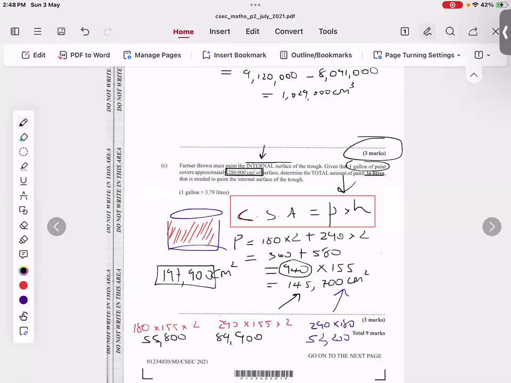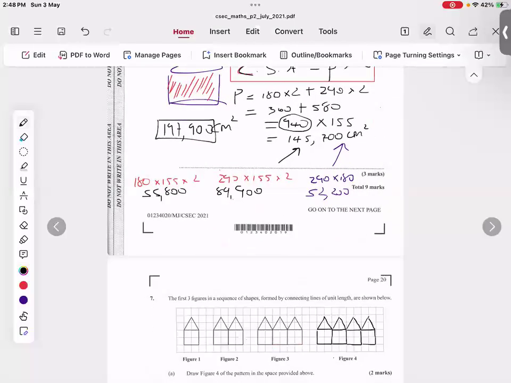So therefore, yes, Antonia, we would proceed now to divide this by 280,000. And we have to put the bigger number at the bottom because we already know we're going to get less than a gallon of paint. So 197,900 divided by 280,000.